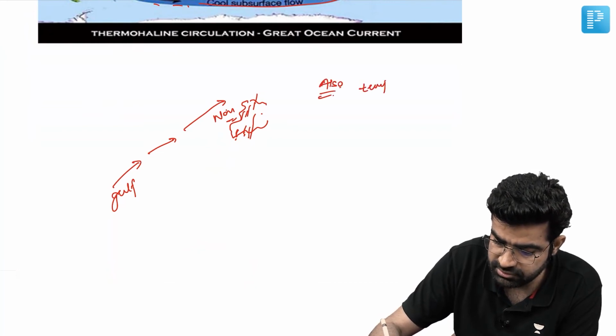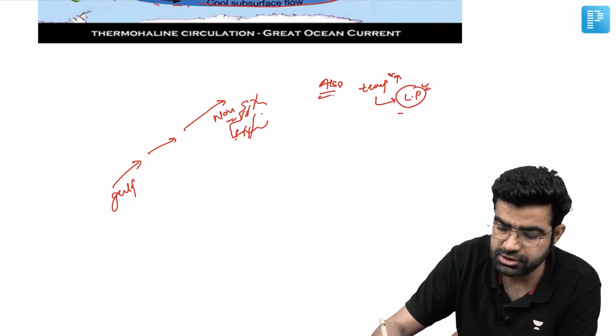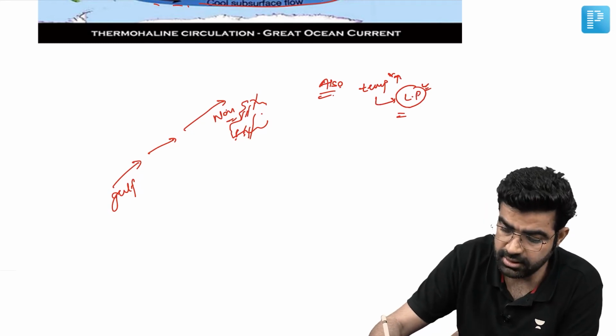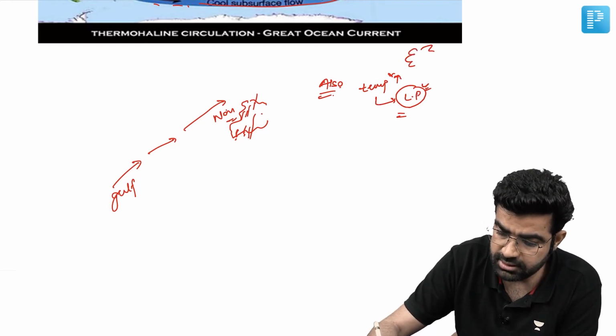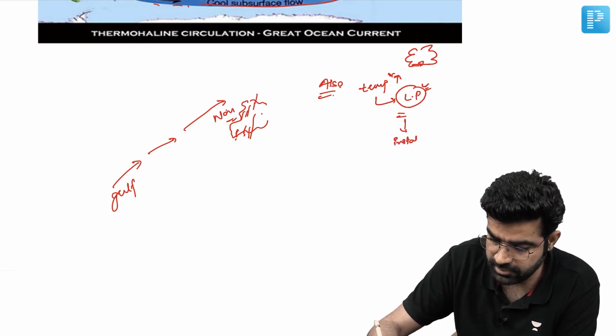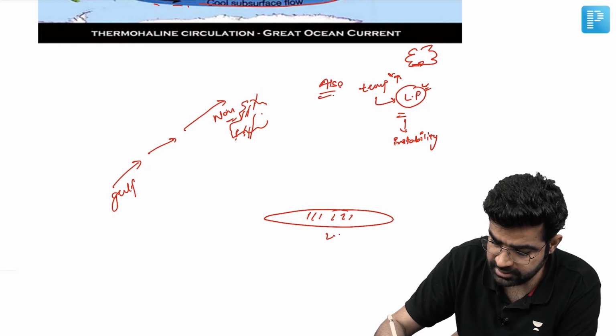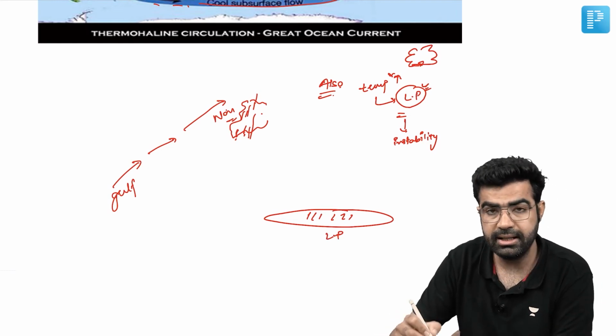If the temperature is high, that will give rise to low pressure conditions, and if low pressure is there, the rainfall possibility is there, or we can say this is a region of instability. If this is a low pressure area, the temperature over it is high.